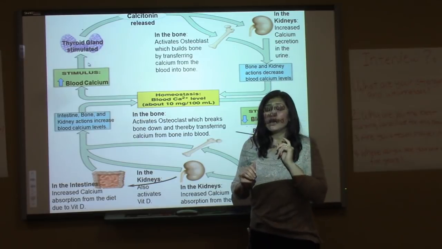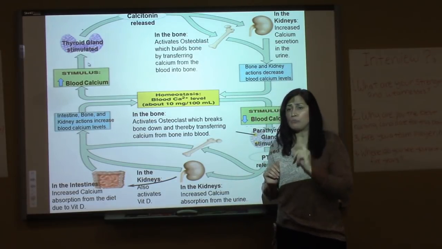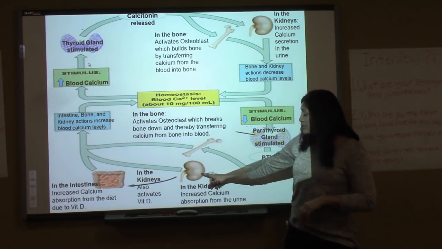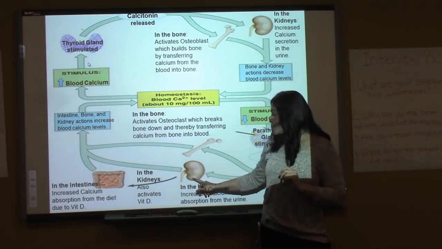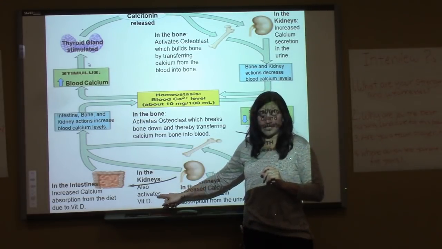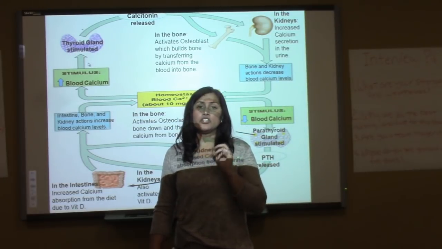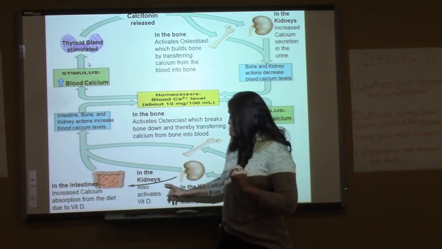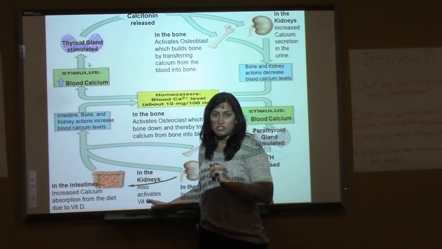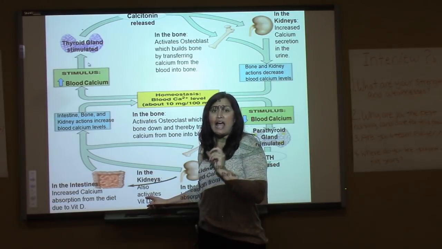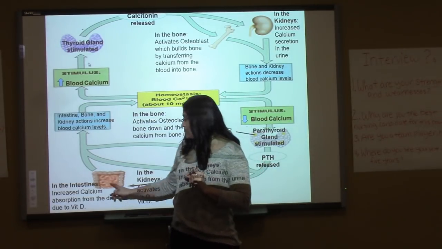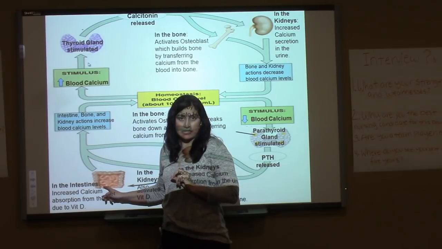In addition, parathyroid hormone does one more thing. In the kidneys, it causes vitamin D to be activated. PTH causes your kidneys to activate vitamin D. Once this vitamin D has been activated, it goes to the small intestines.